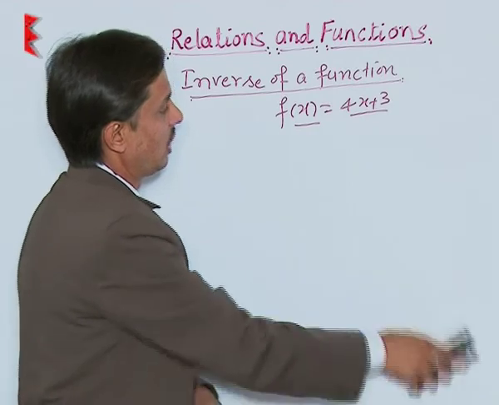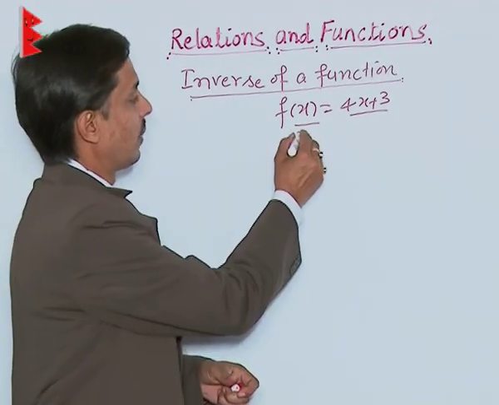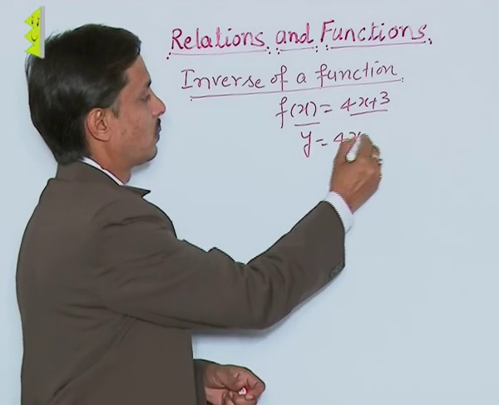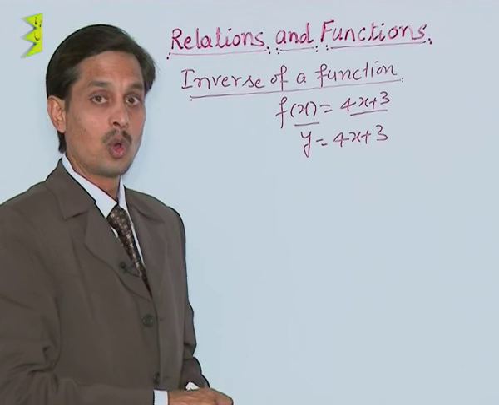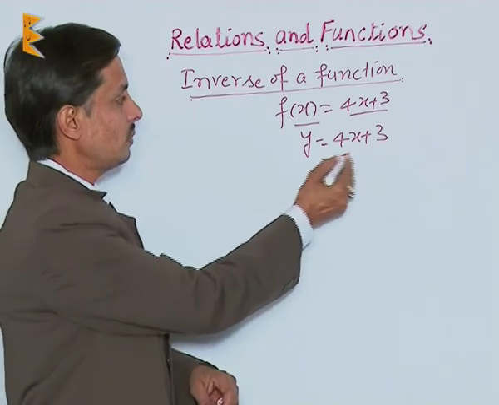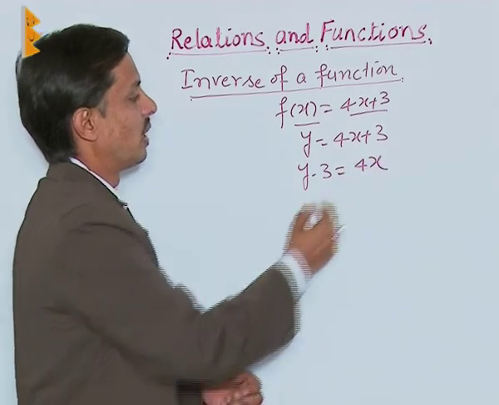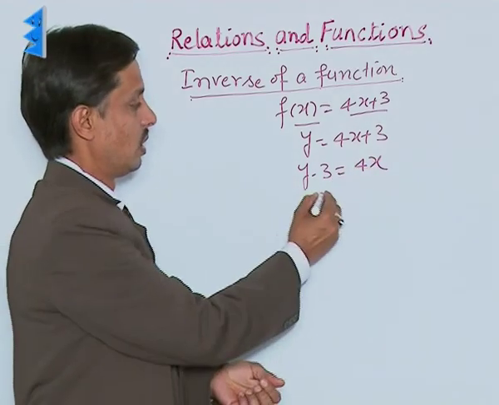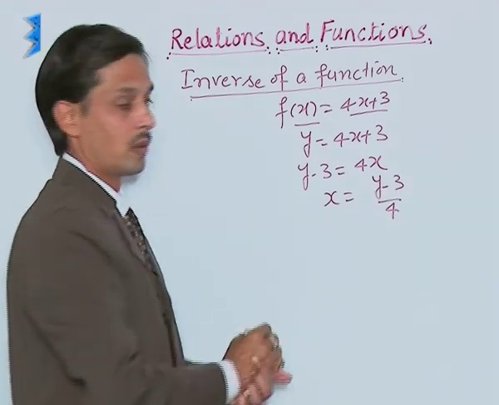Now how can we say the function is onto? We will take f(x) as y = 4x + 3 for onto. In technical language, that codomain and range are equal. When 3 is transferred from RHS to LHS, we get y minus 3 = 4x, or you can say the answer of x is (y minus 3) upon 4.